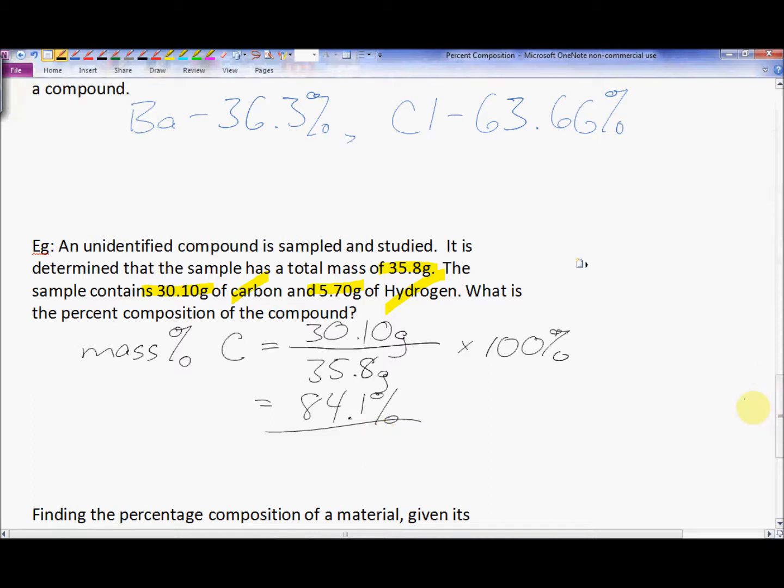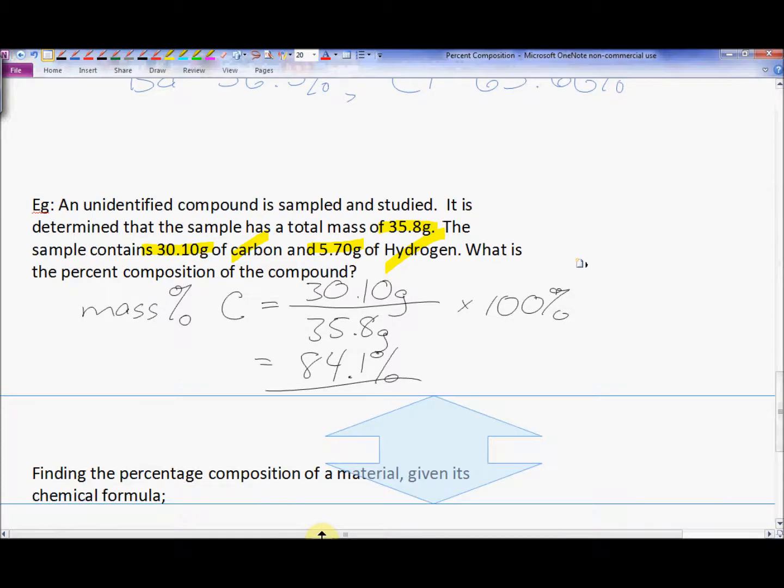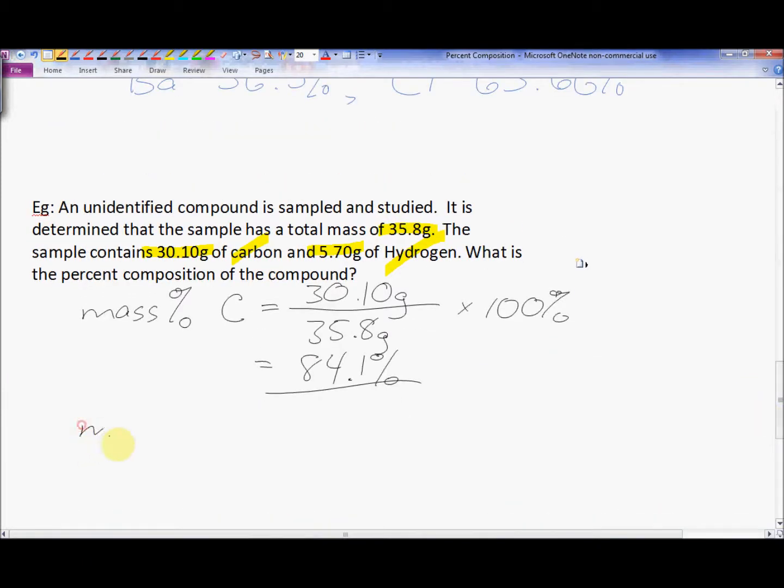And then for the hydrogen, okay, that's going to be the 5.70 grams divided by the total mass of the sample, 35.8 grams, and then we'll multiply the whole thing by 100%.